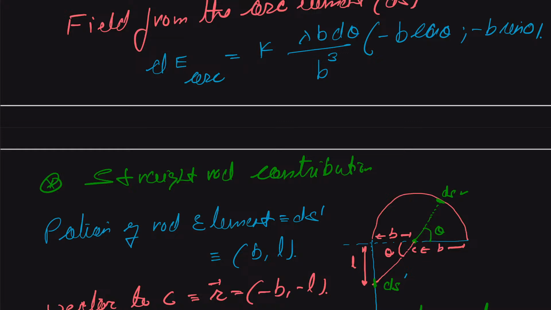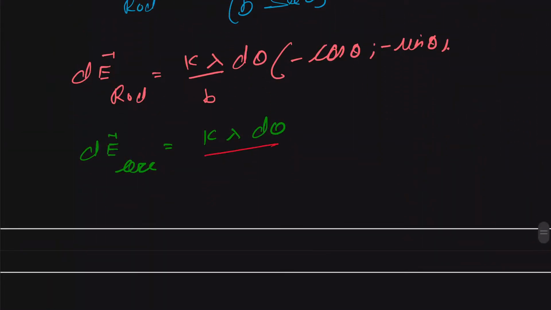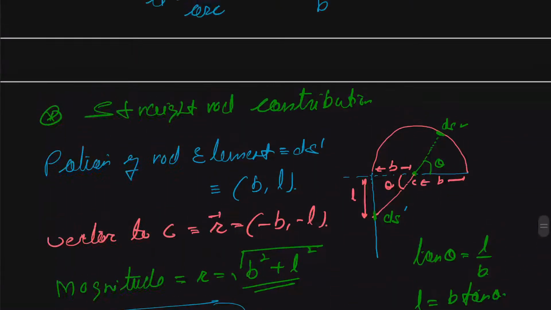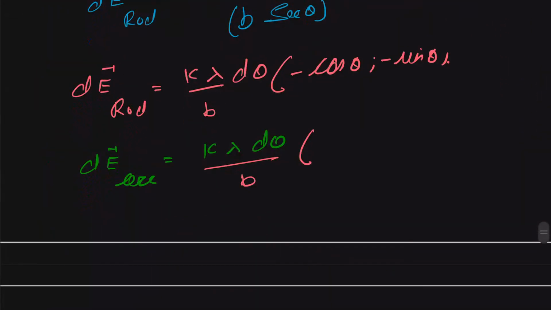So this will be coming as b square, from here b common, so this will be b square, so entirely we can cancel, and we will be left with only b, so this will be k lambda d theta upon b, minus cos theta and minus sin theta.